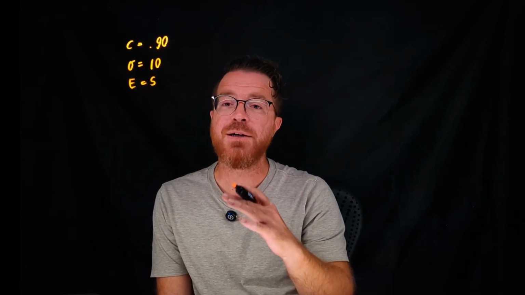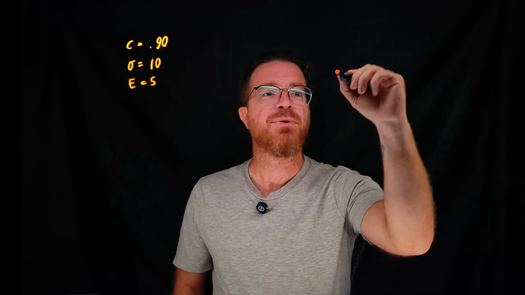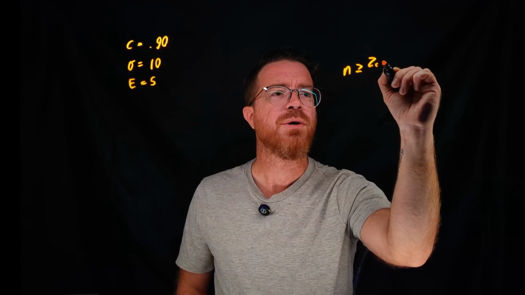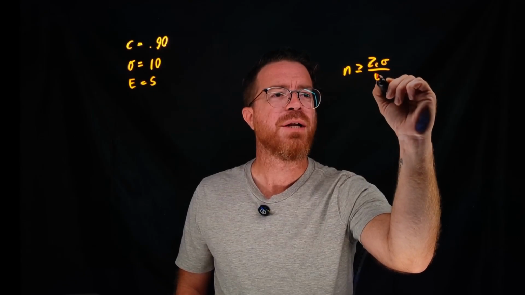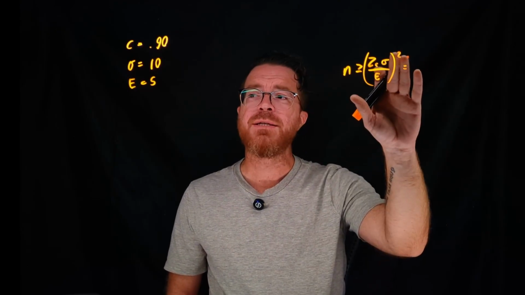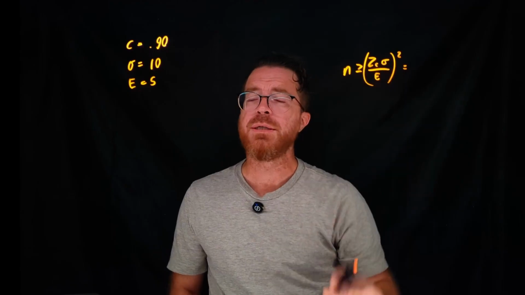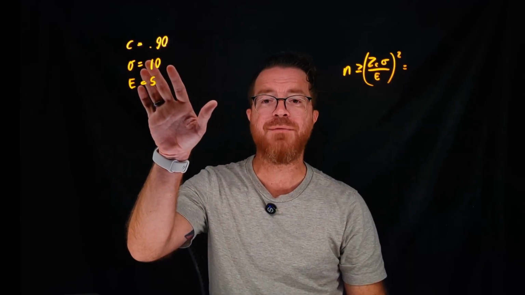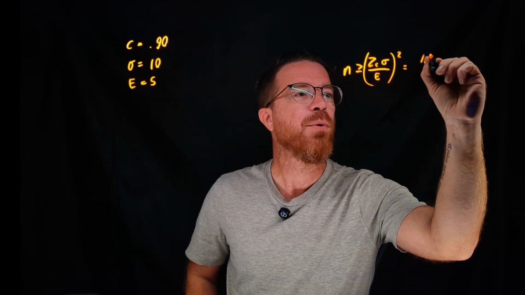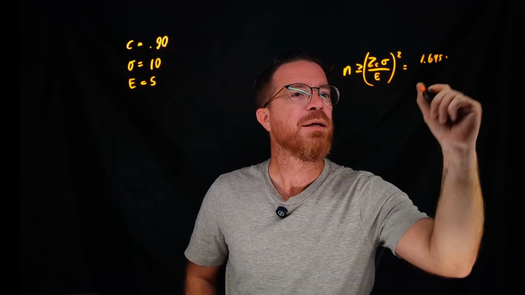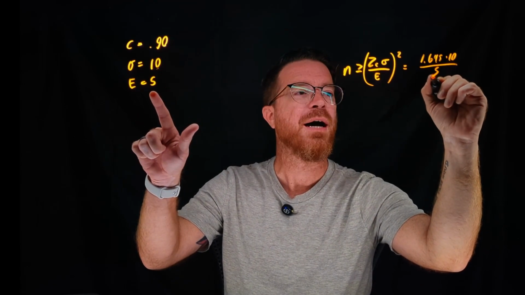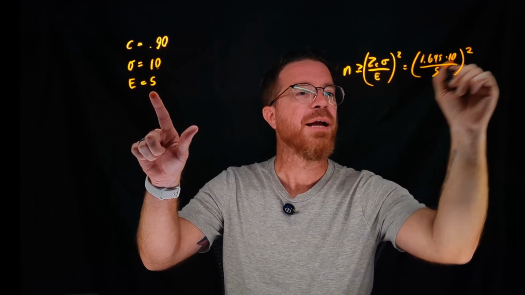So now we're going to find our minimum sample size. So our minimum sample size is going to be n is greater than or equal to z critical times sigma over E, and then square the whole thing. Now we know what sigma is, we know what E is, we need to figure out what our z critical is. Now for a 0.90 confidence level, our z critical is going to be 1.645. So we have 1.645 times 10 divided by 5, and then we're going to take the whole thing and square it.